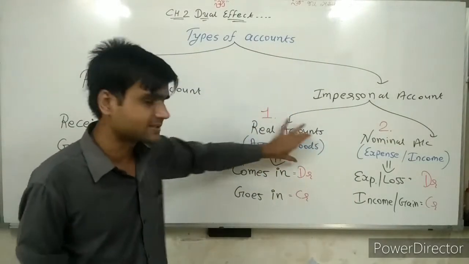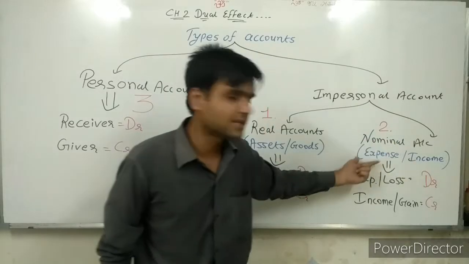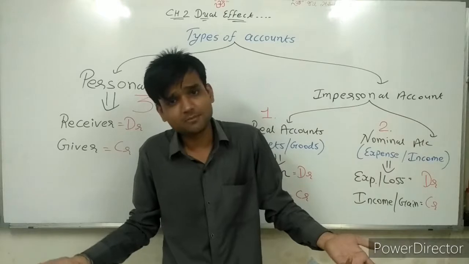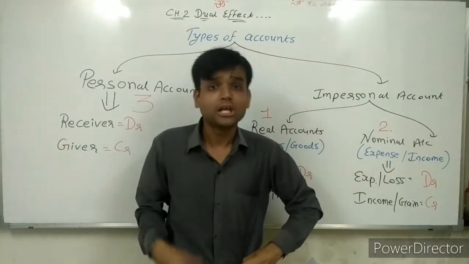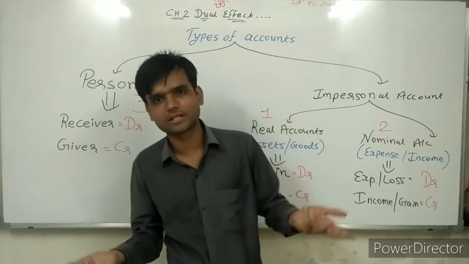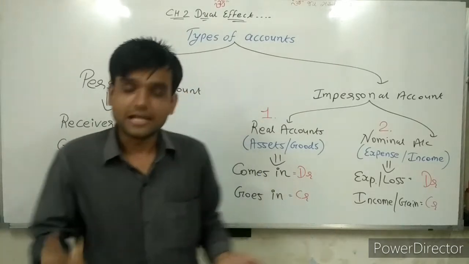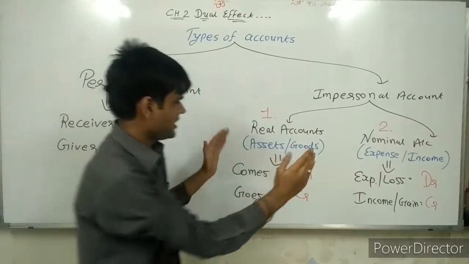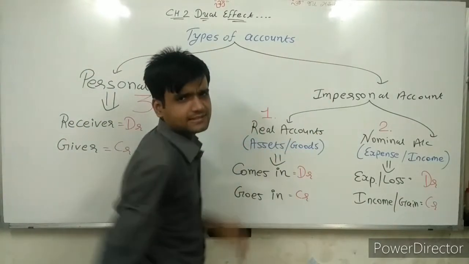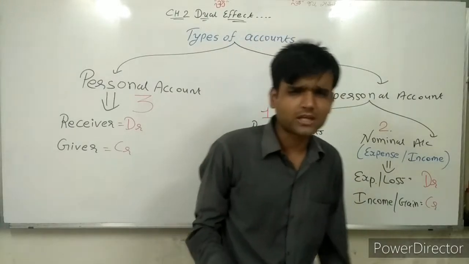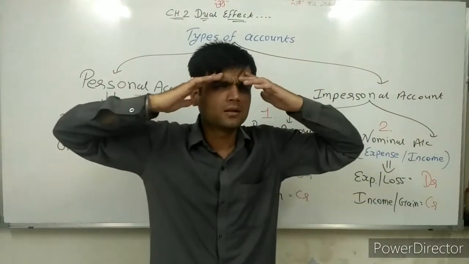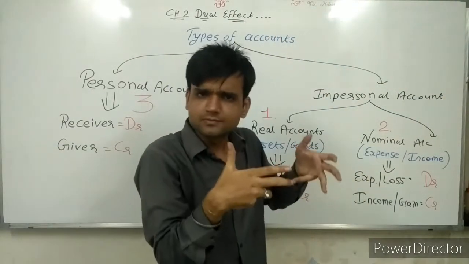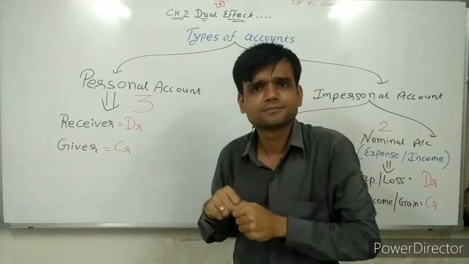Real is related to assets and goods. Nominal is related to expense and income, and personal is related to persons. Simple. Person, artificial person, legal artificial person, you can say. And then after applying, now think, if we are talking about goods and assets, then in business we are purchasing goods, then selling goods.